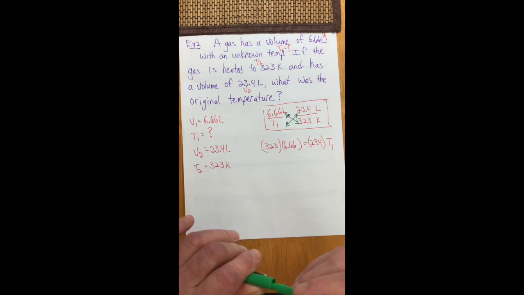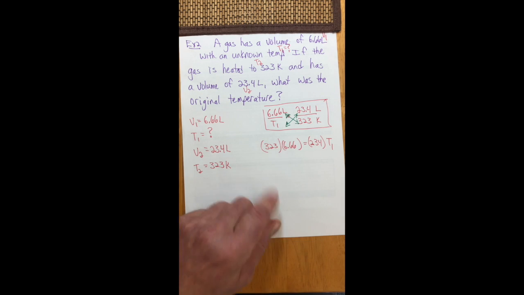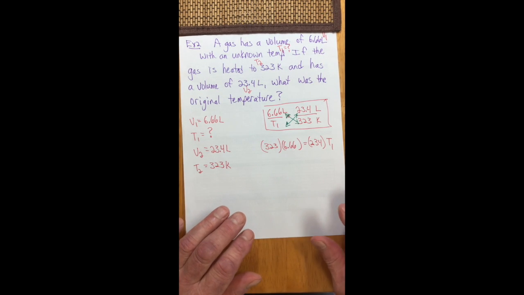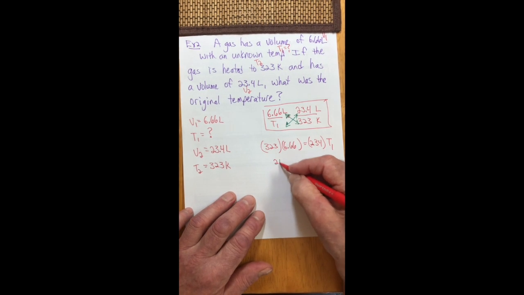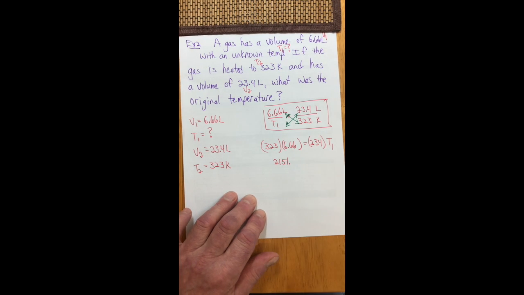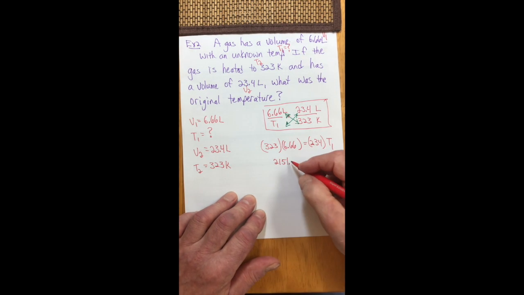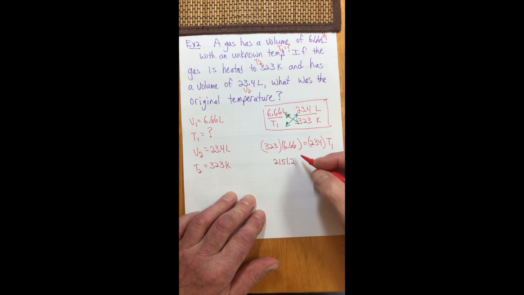So I typically just say cross multiply and divide is what you want to do right here. So if I multiply these numbers out first on the left side, I'm going to get 2151.2 is equal to T1.